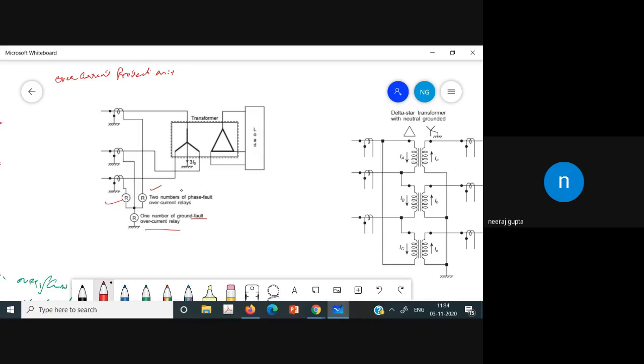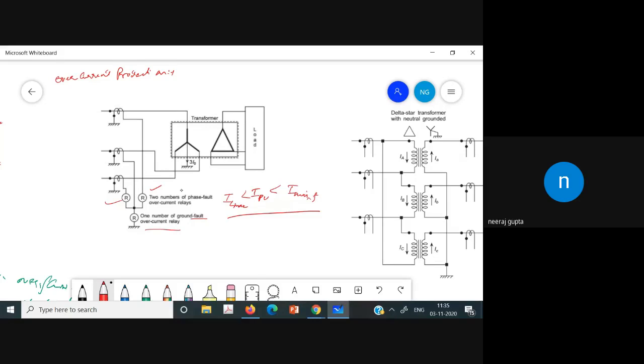As we have discussed, for this phase fault overcurrent relay, the pickup current value should be greater than the maximum load current, so that it can have some overloading, and it should be less than the minimum fault current. So its range should be such that.